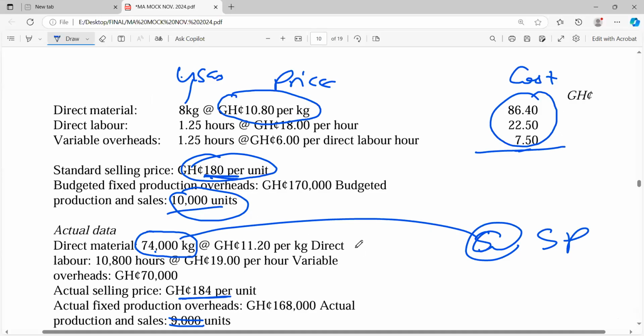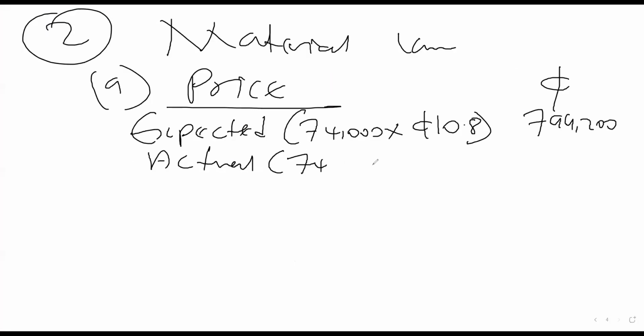This is the actual cost. 74,000 by 11.2. What do you get? 828,800.